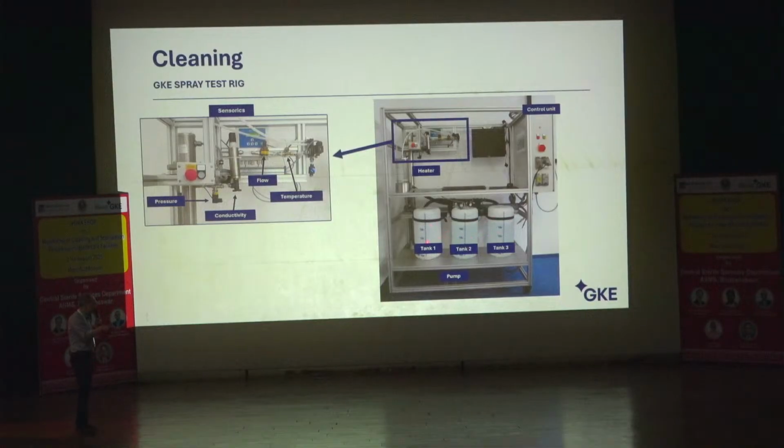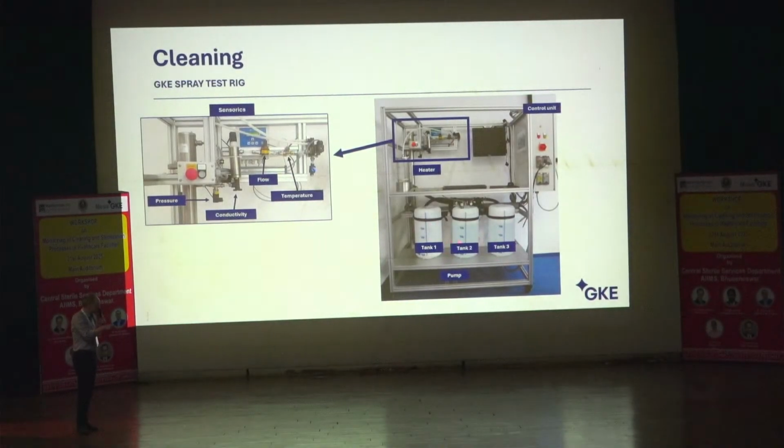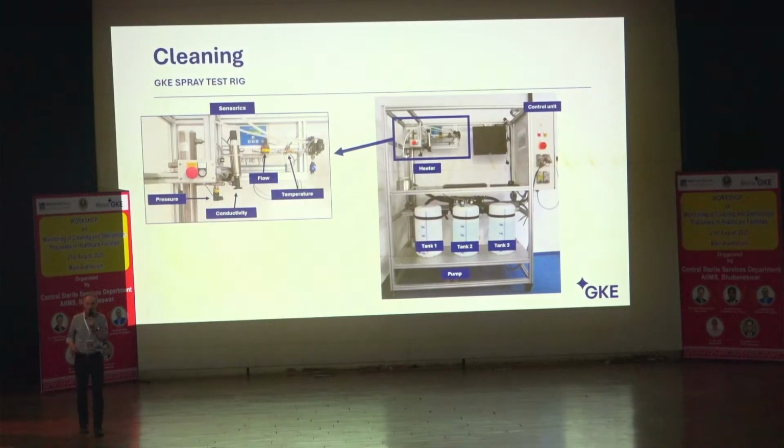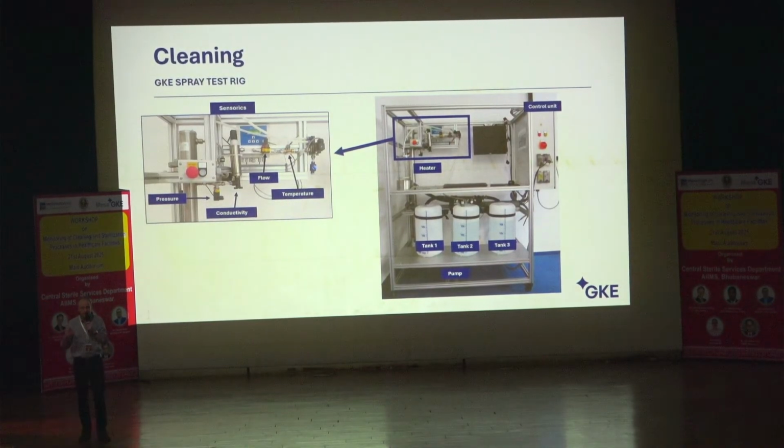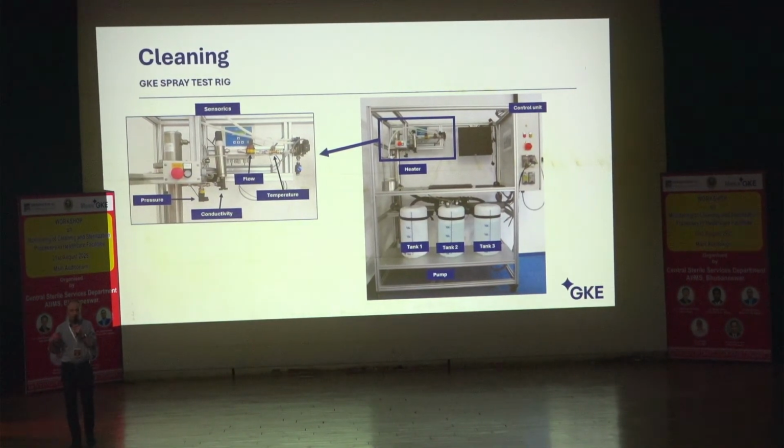We can put any liquid in it that we want, so we can put in different water qualities, different detergents, and whatever we want, different dosages. And when we have these 3 different liquids, we can put them together, make a mixture, and control it with this control unit.